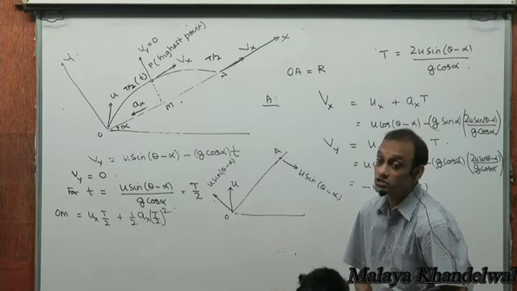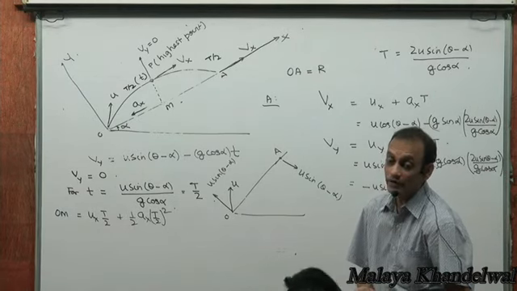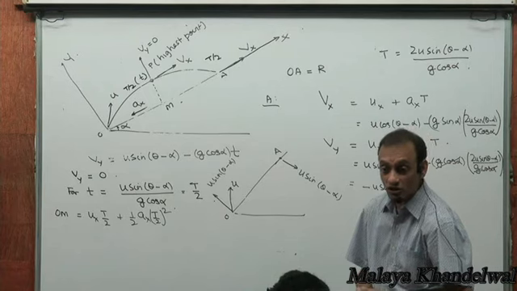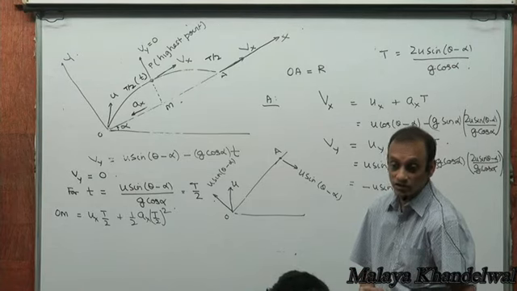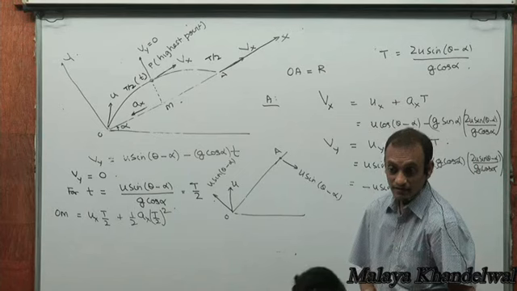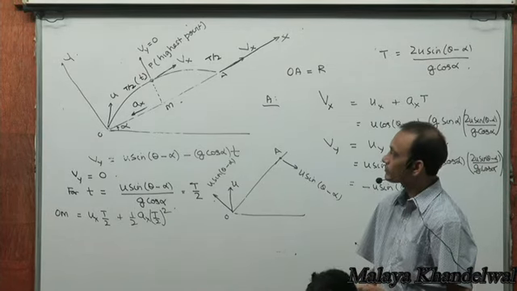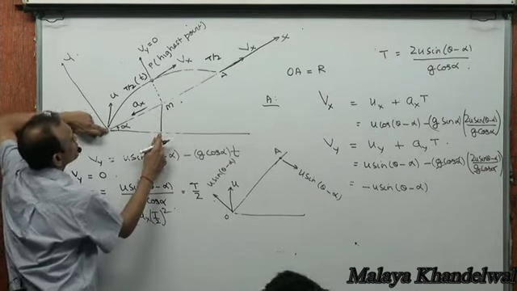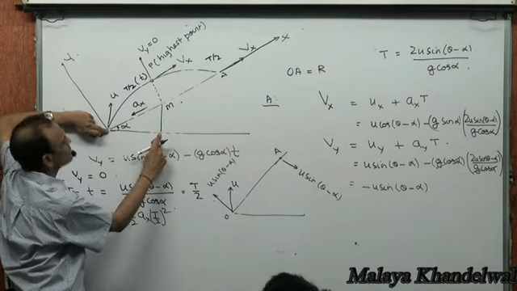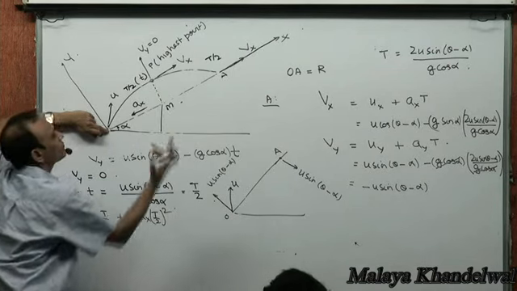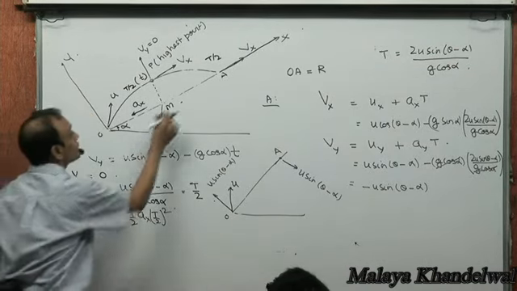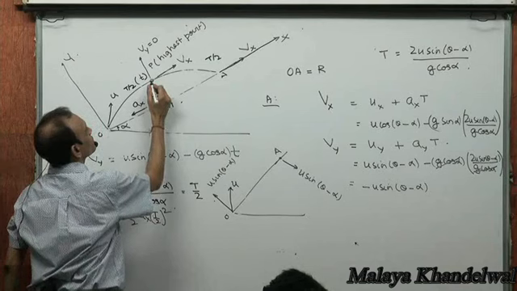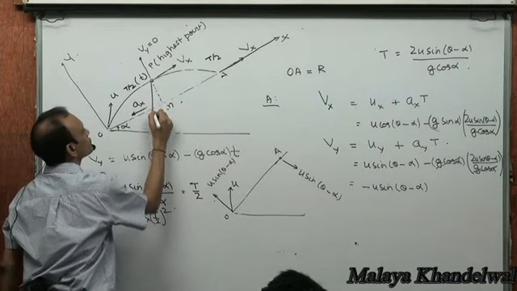But that's not constant, no? Into T by 2, u cos theta minus alpha is not constant in this case because there is ax. No, I am taking the component of u along the horizontal. Okay, then that's fine. You can do this: u cos theta into capital T by 2 into sec alpha. Fine. No, then, wait. This is what you'll have to do.